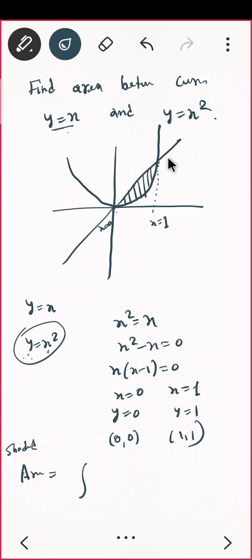First try to find the area under the straight line, because the straight line curve is on top, you can clearly see. So this is y equal to x, and what is the parabola's equation? Y equal to x square. So which one is bigger in this interval? Y equal to x. That means which function will come first? The function x will come first. So it will be x minus the area under the curve y equal to x square. I am subtracting that, so that will be x minus x square. And here the integration is between 0 to 1. Is that clear, everyone?